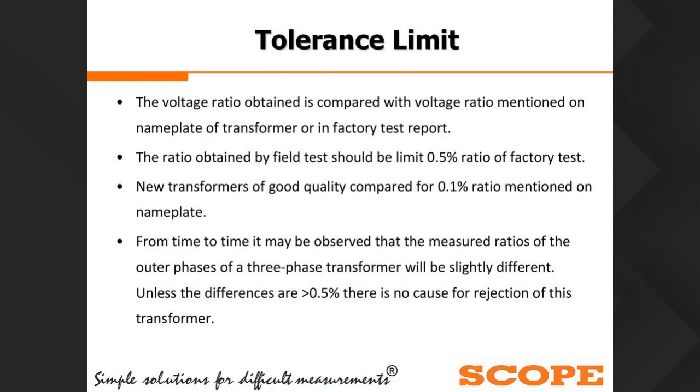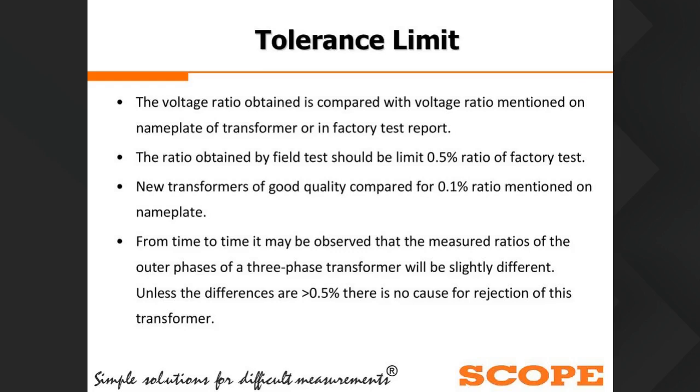Then tolerance limit and acceptance criteria. As I said earlier, in different standards, IEC and IEEE have given some tolerance limits, that is, the voltage ratio obtained is compared with the voltage ratio mentioned on the nameplate of the transformer or in the factory test report.